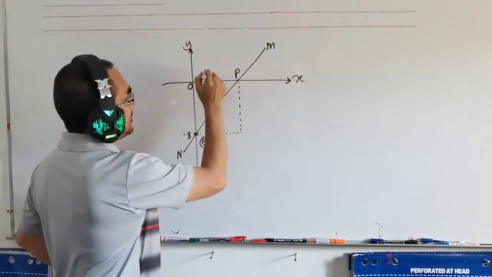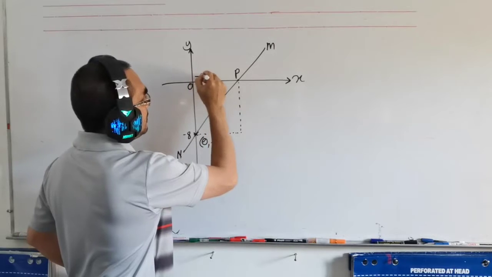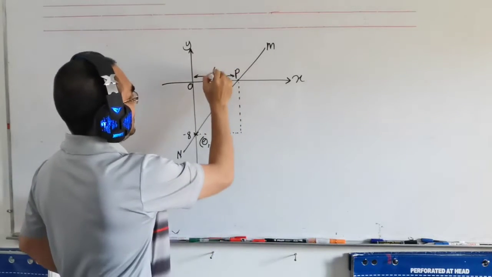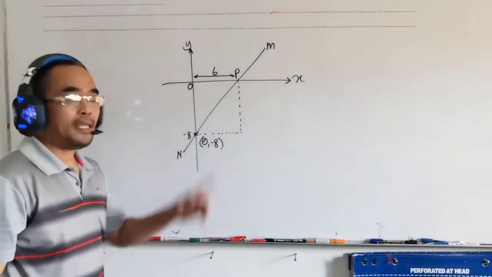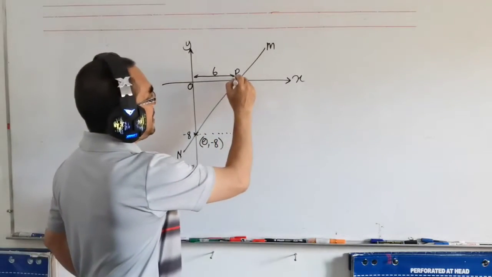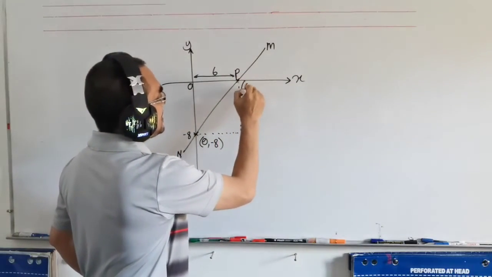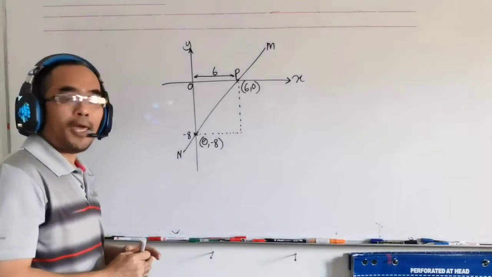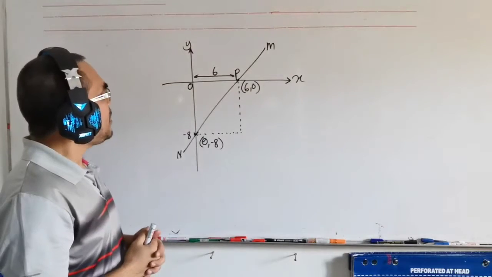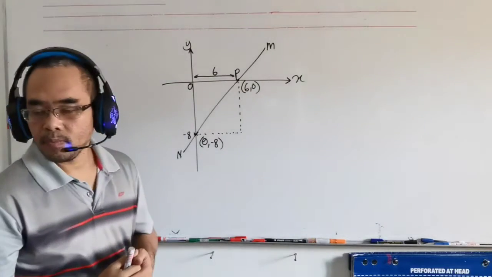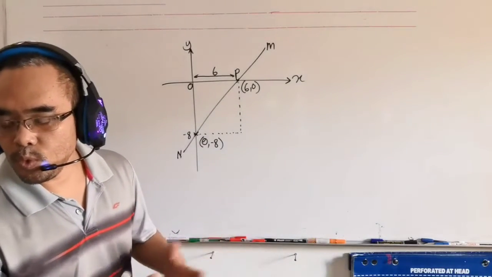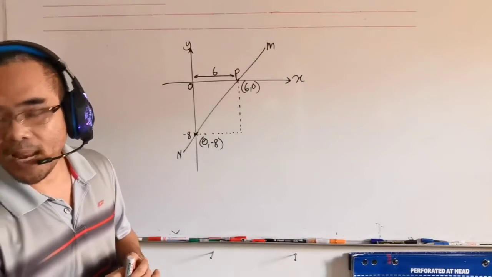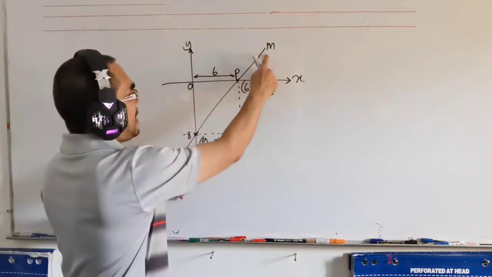So it means the length here is 6, so the coordinate of P is (6, 0). Anyway, they want you to find the gradient of the straight line MN.